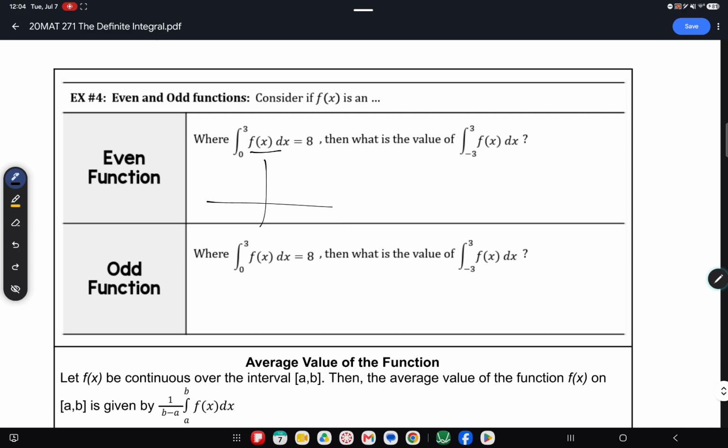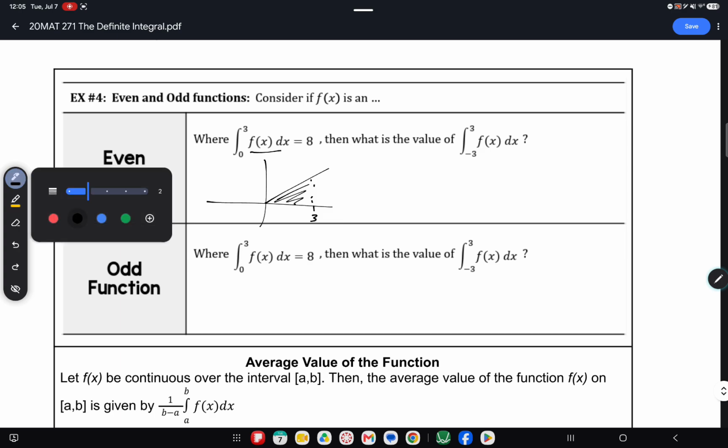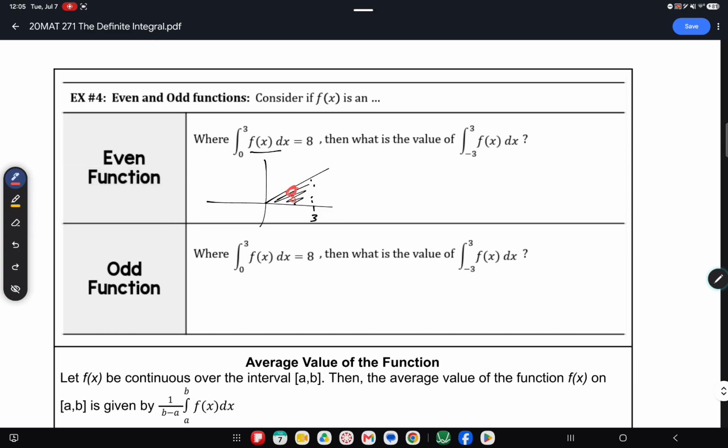Let's say it's an even function, and this goes for any kind of drawing we're going to do here. Let's say the function is an absolute value. So on this side, here's 3, and this whole area is 8. Should do that in a different color. 8.